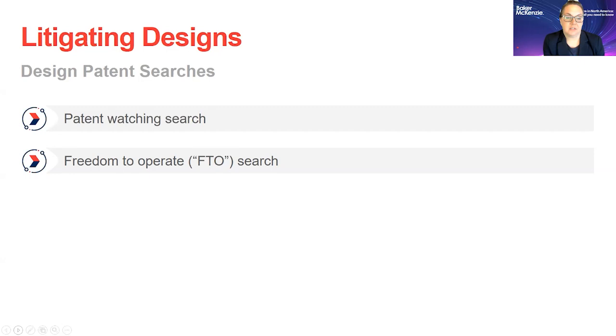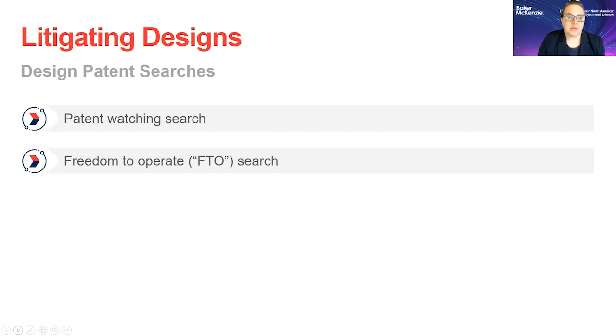You can run searches on specific fields of technology, or really any context or factor can be used to run these searches, depending on the needs of the business and what the company might be concerned about. These patent watching searches allow your company to stay on top of new technological developments, potential infringement risks, as well as what your competitors are doing in the market, and whether or not they might be patenting designs that your company has already developed on one hand or has already put into the marketplace.